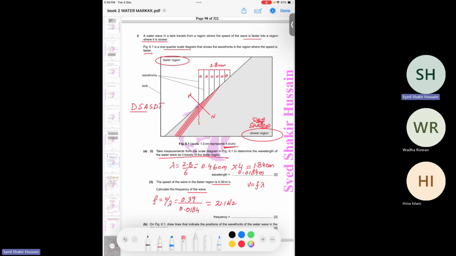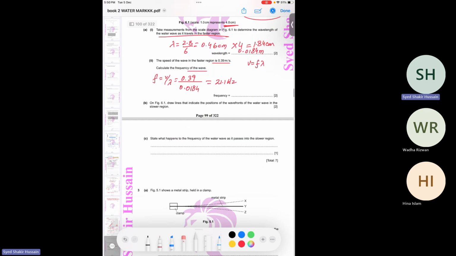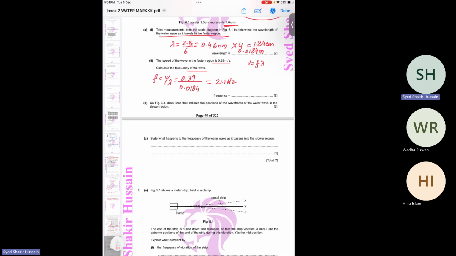Was that what we discussed a while ago? Yeah. Going further, draw, that's done. State what happens to the frequency of the water wave as it passes into the slower region. So frequency remains unchanged. Frequency stays the same.